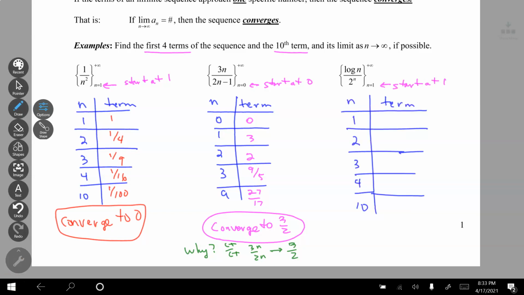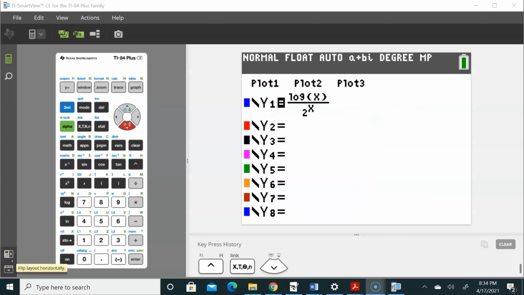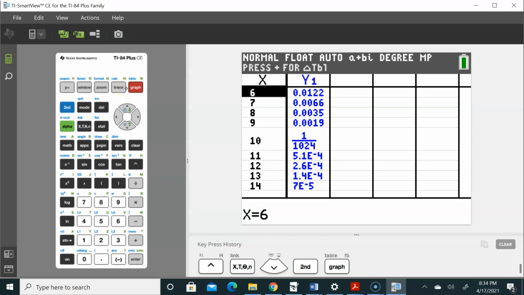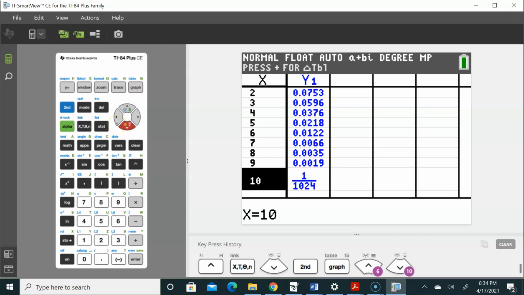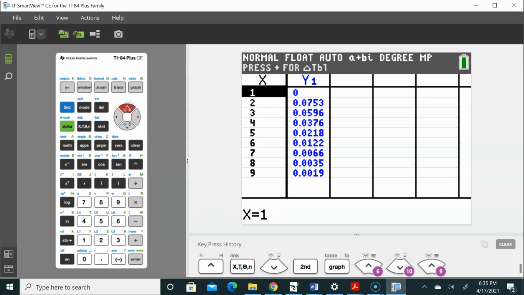So this last one I set up the table that I'm going to write on, and I'm going to go to the calculator and do all the calculations. You can see I set up my y equals, again I like using the fraction bar, and I can just go to my table. Zero's an error, and there we go, at 1, and there's 10, which is 1 over 24, which I'll convert to a decimal when I put in the table.